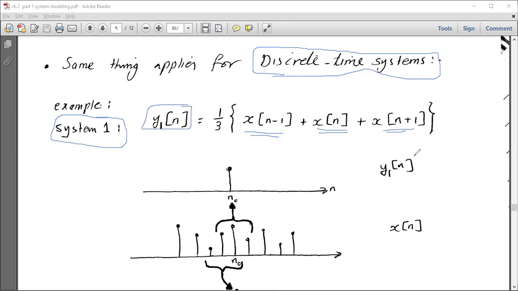We can see that it depends on the past, the present symbol of the input signal, and the future. So this is a non-causal system.